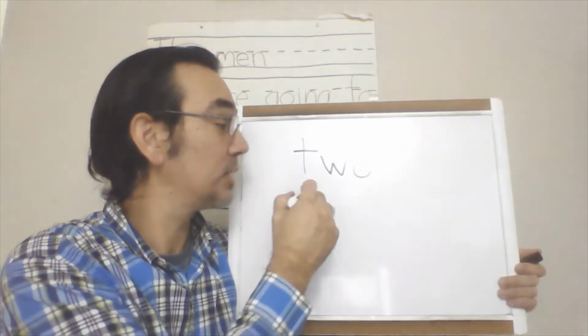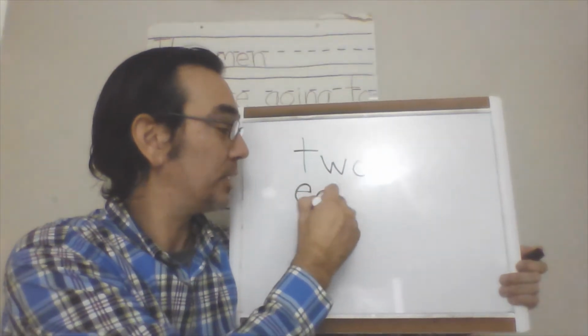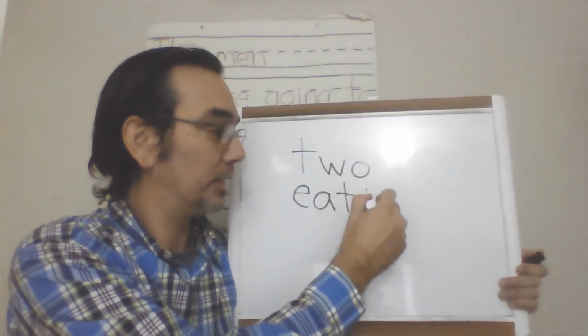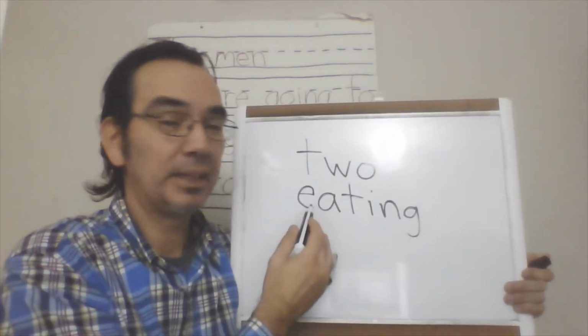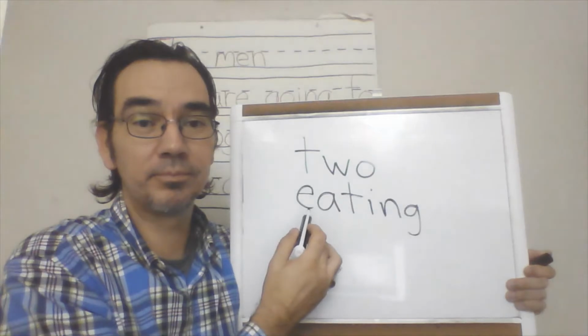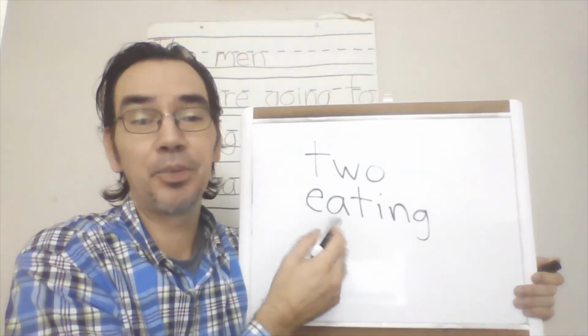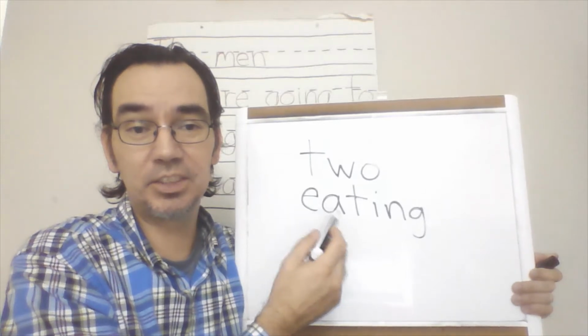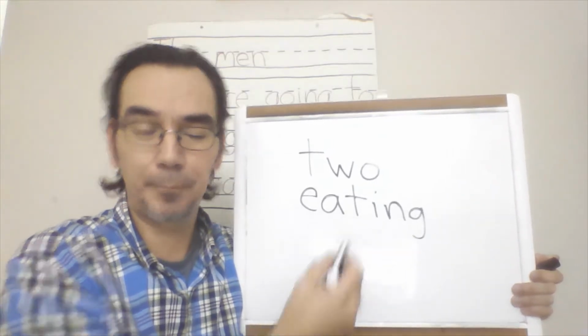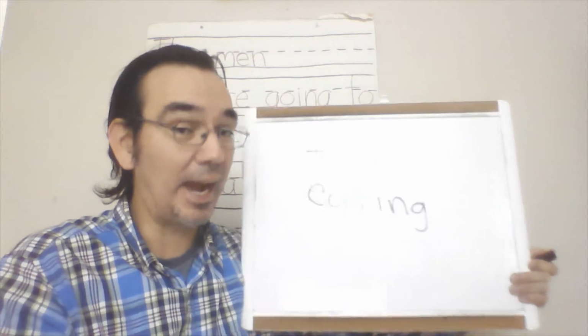Another one that I saw was eating. And the reason why eating is so tough is you just hear E. You don't hear an A. And we're going to get to that later on this year. Eating, eating. This is just eating. So it's easy to leave that A out.